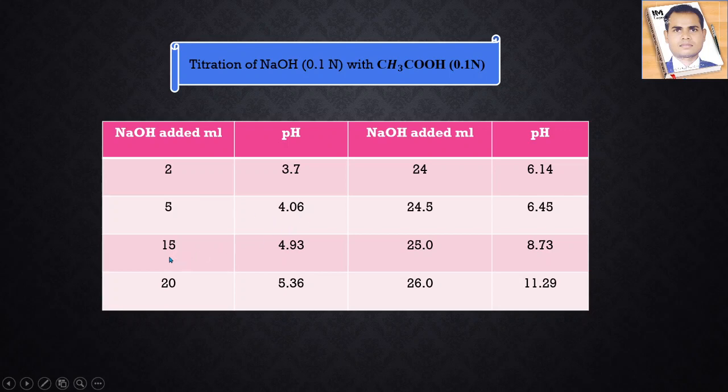You add 15 ml, 4.93. In this way, if you add 14.5 ml, the pH will be 6.45. And if you add 25 ml of NaOH to the 25 ml of acid solution, you get 8.73, which is the equivalence point in this kind of titration. So we have to see by calculation how the pH changes when adding a specific volume of base into the acid.